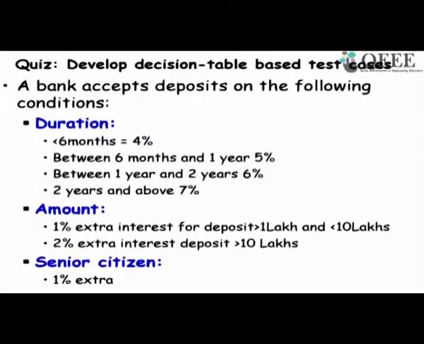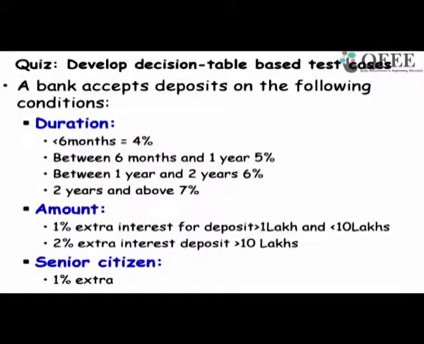Now please try to develop a decision table for this example. So we have a bank that accepts deposits on the following conditions. The conditions put forward by the bank is that the interest rate will depend on duration, amount and whether senior citizen or not.